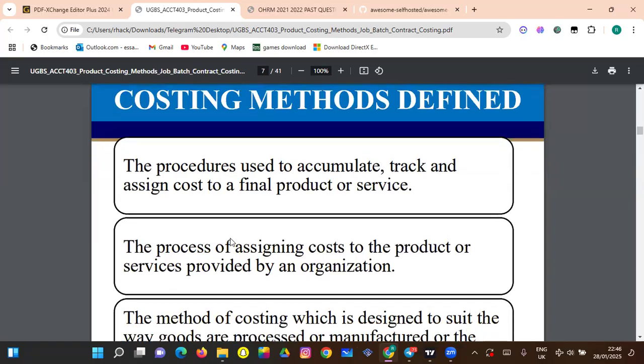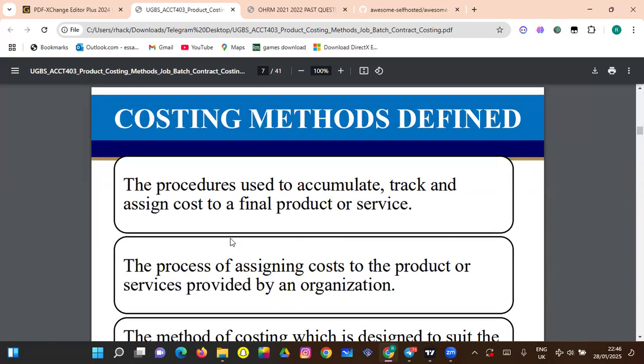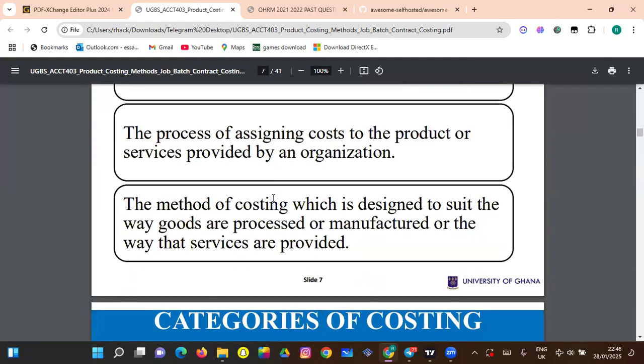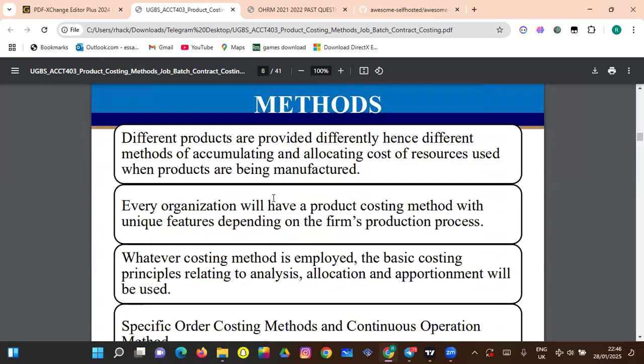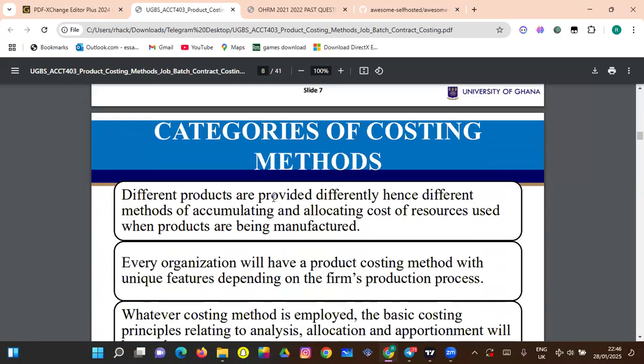So basically the process that we use to accumulate costs is what we refer to as the costing methods. It is the procedure used to accumulate costs, track and assign costs to a final product or service. So it is the process of assigning costs to the product or services provided by an organization.